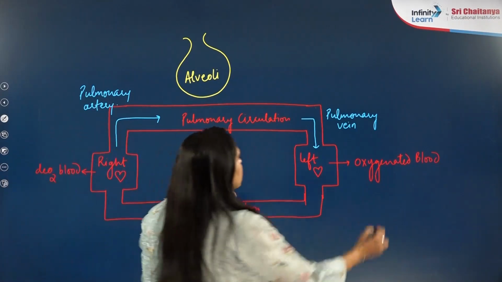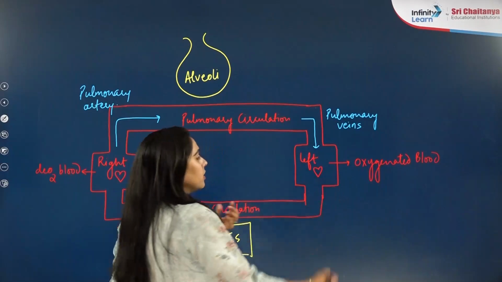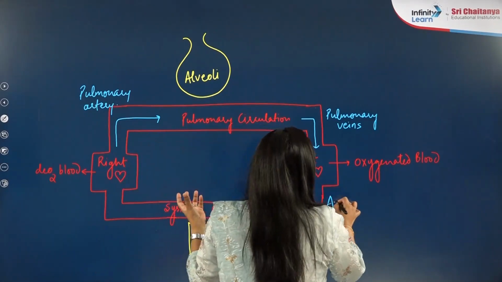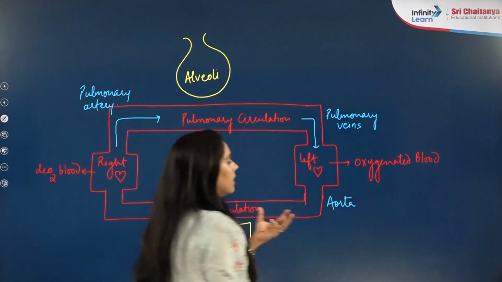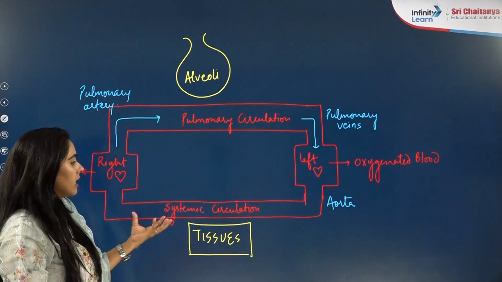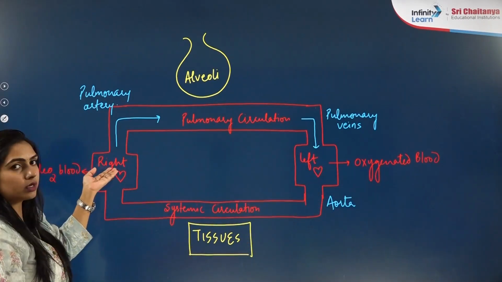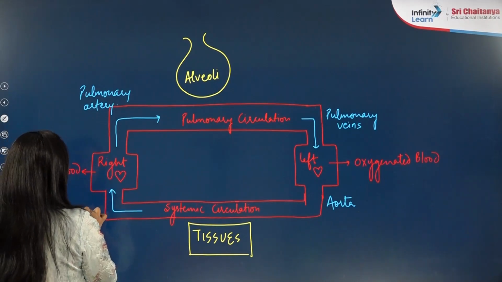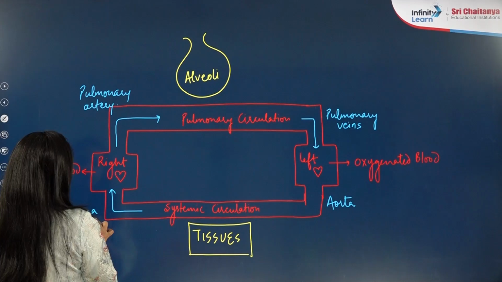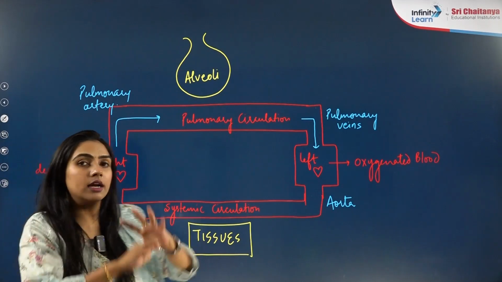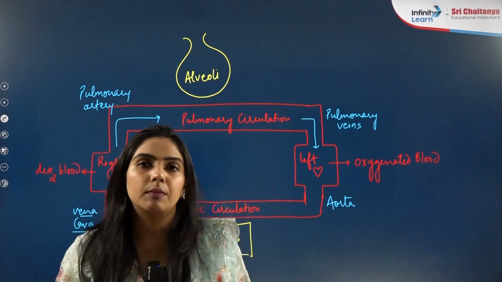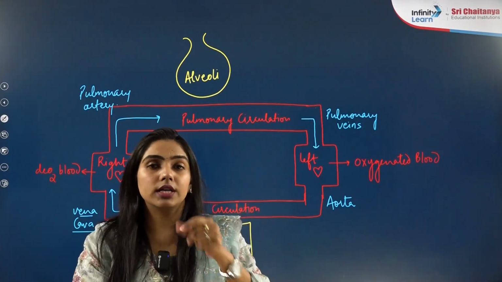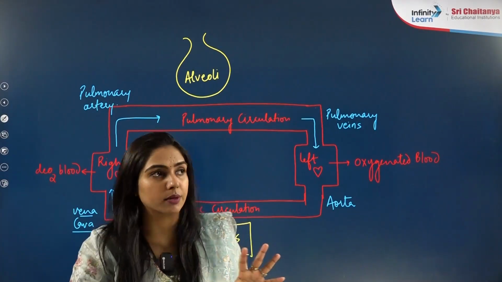Through the pulmonary veins, the oxygenated blood comes to the left heart, and then from the left heart, again it is pumped into the body by the aorta, and from the body, when deoxygenated blood goes into the right heart, how will it go? It will go through the vena cavas. All this you have studied in the structure of the heart, double circulation, where we talk about pulmonary circulation and systemic circulation.